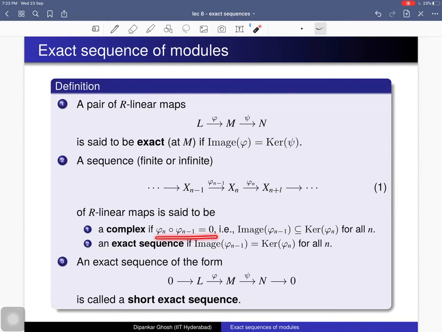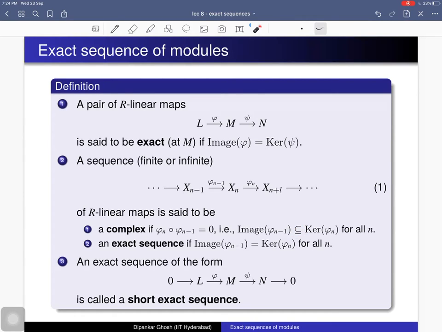That means you have this equality, and this is equivalent to saying that the image of this map is contained in the kernel of the next map. So, if this holds for all n, then we call this kind of sequence a complex, and a complex is called an exact sequence if we have equality here.